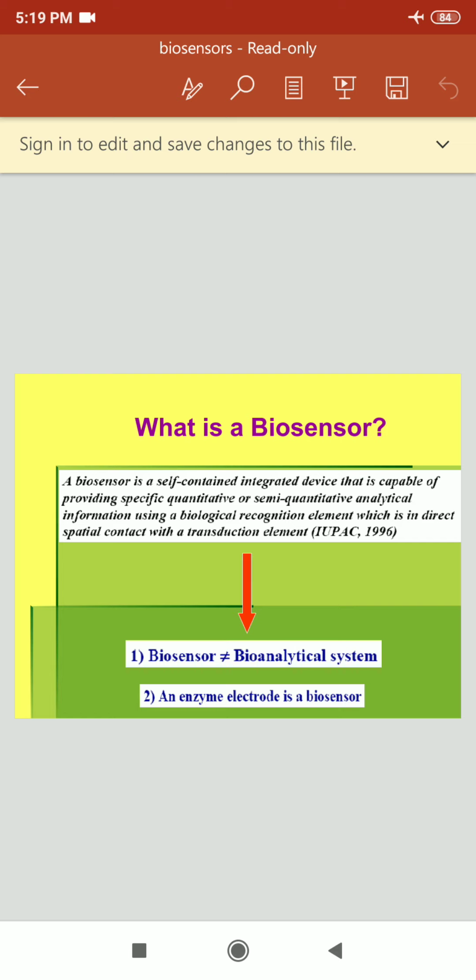So biosensors are used to analyze either quantitatively or semi-quantitatively, and biosensors use biological recognition elements like enzyme, protein, etc. A biosensor is a bioanalytical system, and an enzyme electrode is an example of a biosensor.